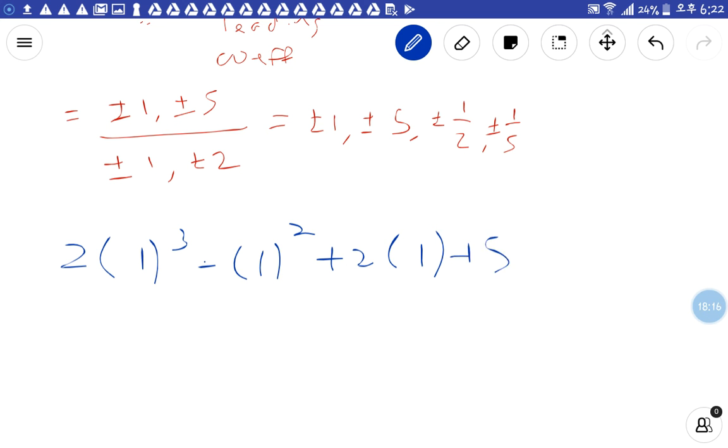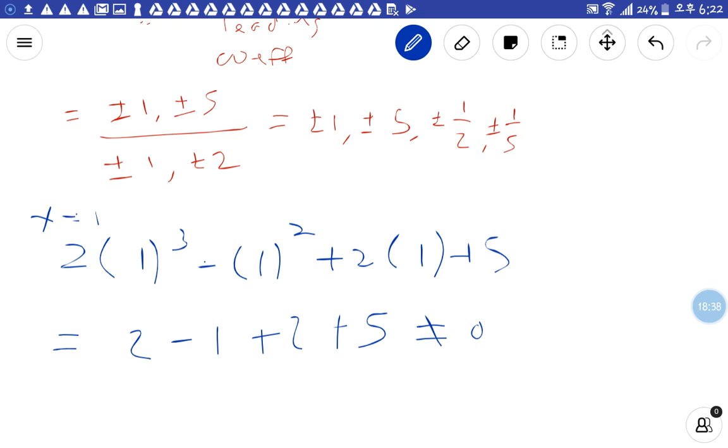If it becomes 0, then I already got my answer. You don't really have to fully calculate it. You just find out whether it will be 0 or not. But look, 2 minus 1 plus 2 plus 5, will it be 0? Nope.